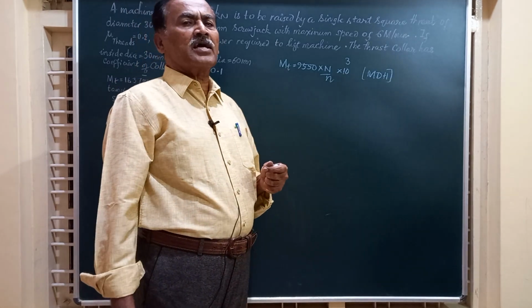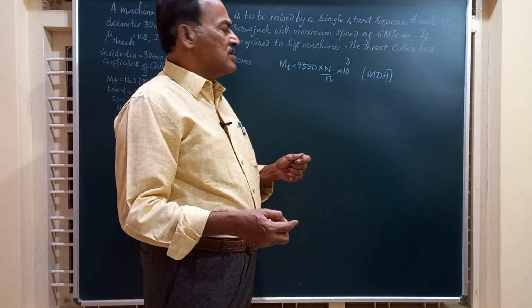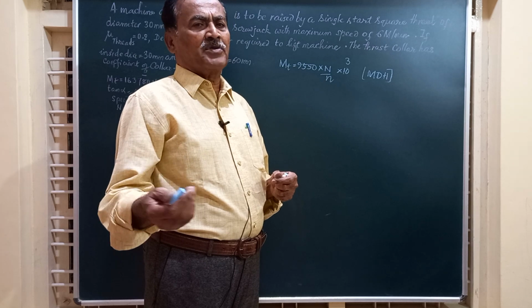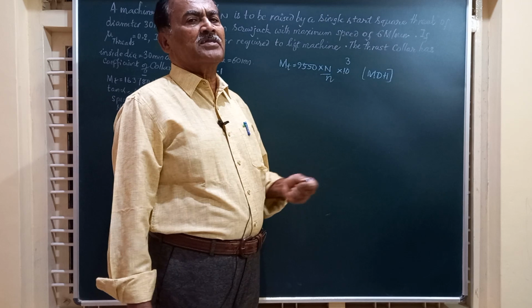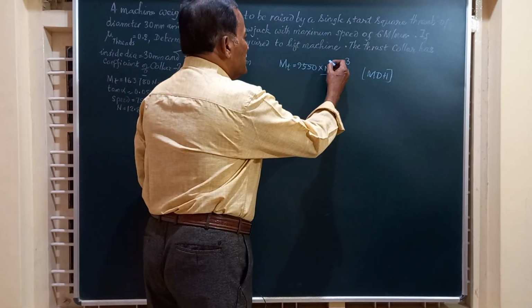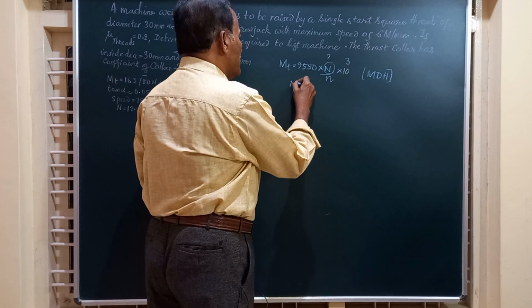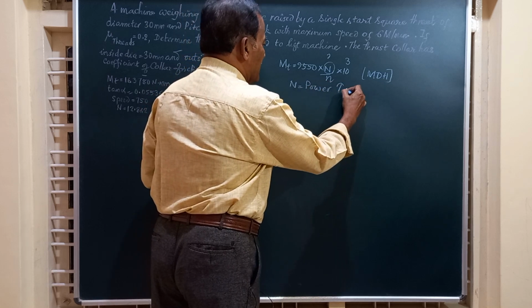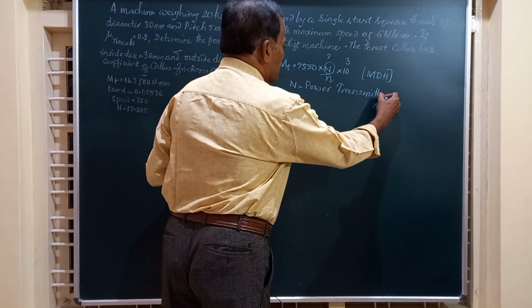And this formula can be utilized by any student or readers to solve a problem on a gear, a shaft, a key, or a coupling, whatever it may be. This can be remembered and is also available in the machine design data handbook. And what is asked here is to find out the power. This N stands for the power transmitted in kilowatts.